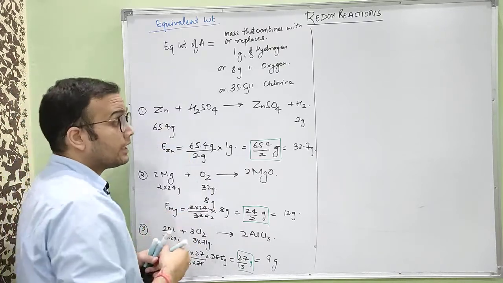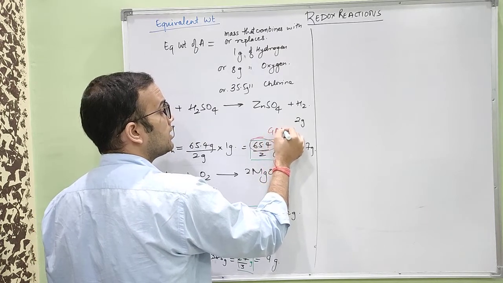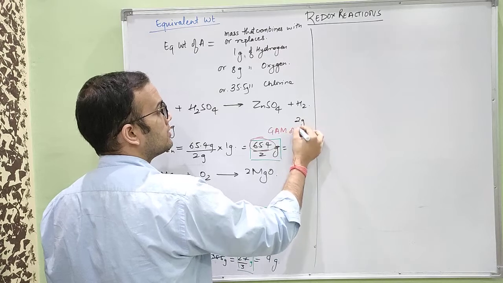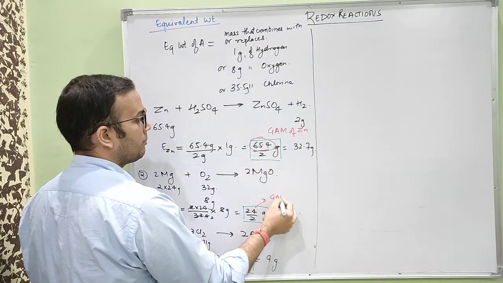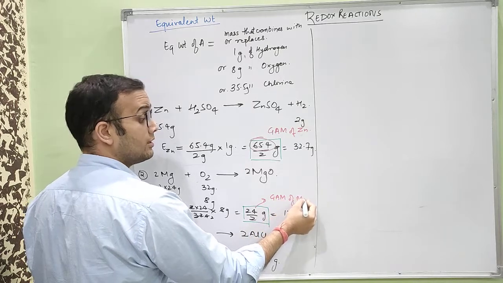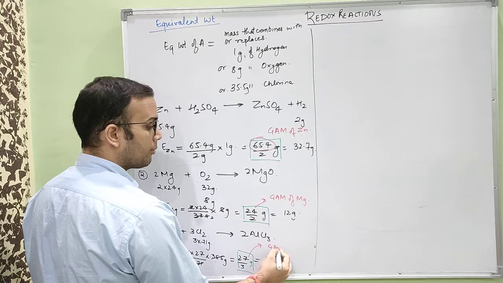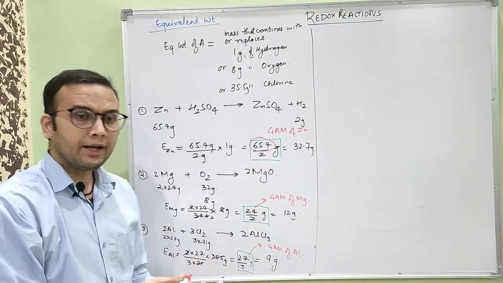What is that? This is the gram atomic mass of Zn. This is the gram atomic mass of Mg. Aha! Are you getting something? Gram atomic mass of Al. Getting it?